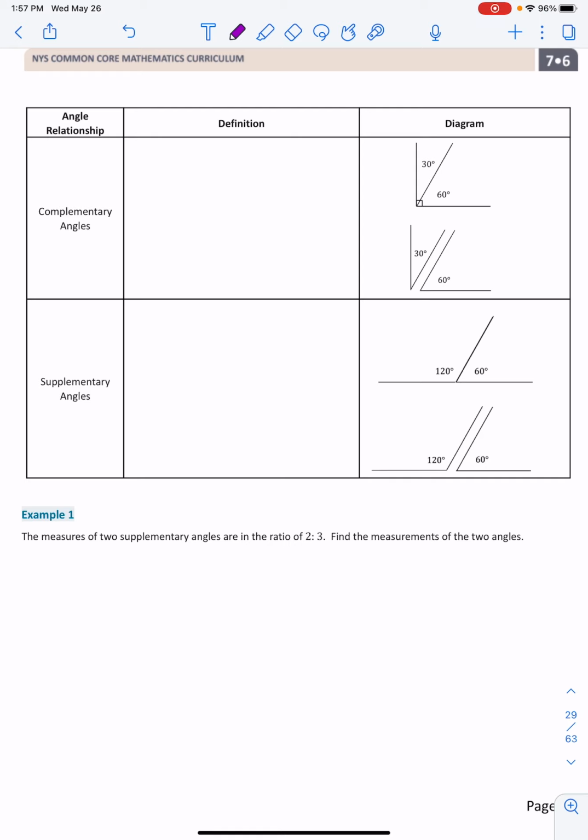So complementary angles are two angles added together to equal 90 degrees.